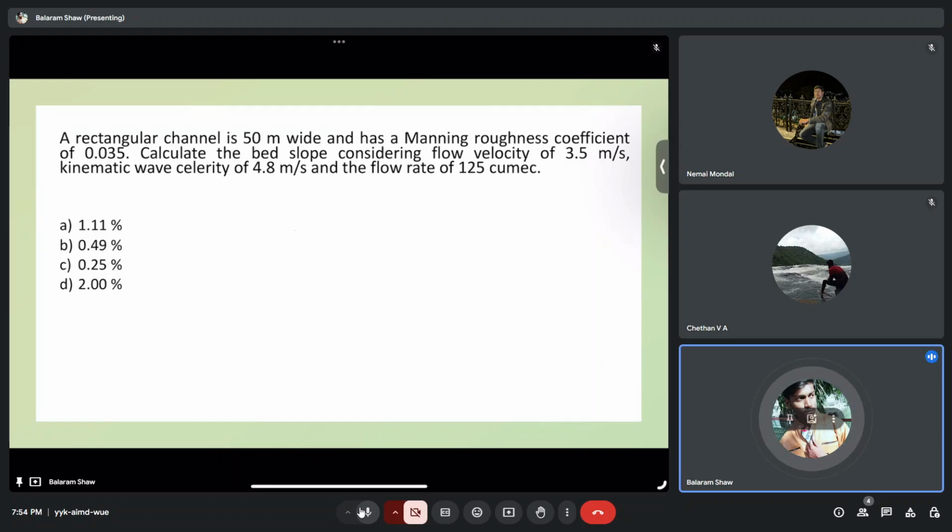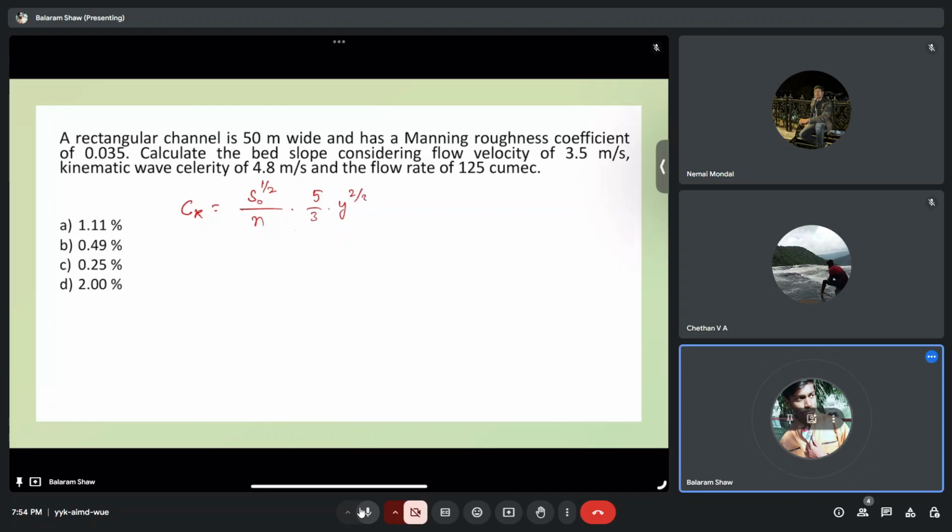So how do you write the kinematic wave celerity? Ck equals S naught to the power half divided by n into 5 by 3 into y to the power 2 by 3, right?